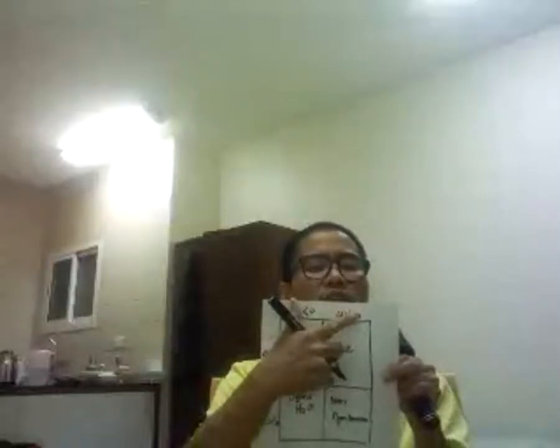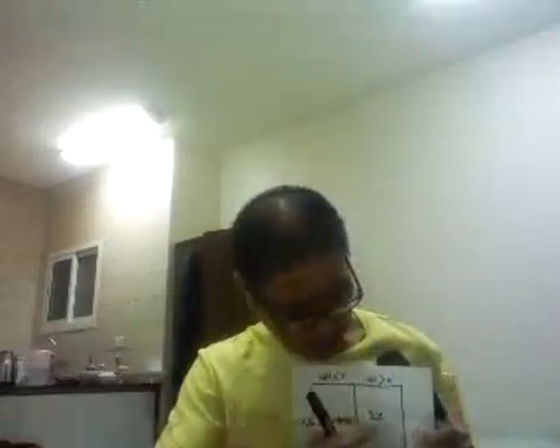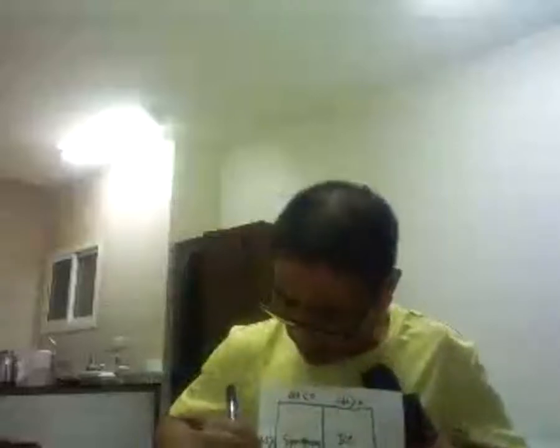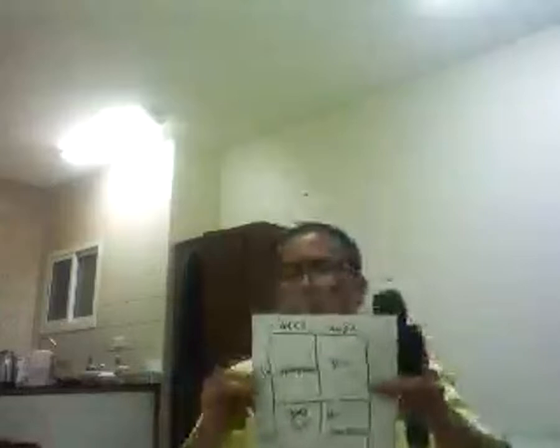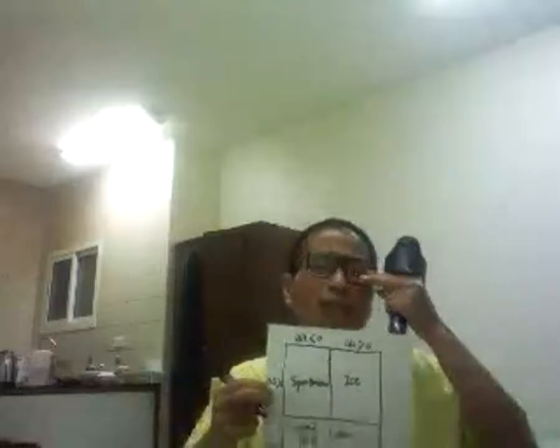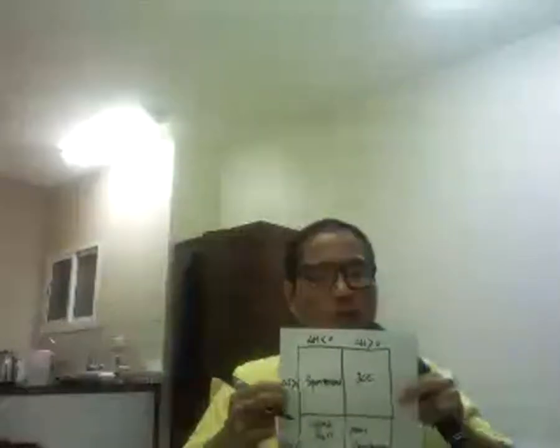Okay, now if we put the ice here, delta H is less than 0, which is negative. What is our entropy here? Ice. Our entropy is greater than 0. So if our entropy is greater than 0, that is positive 1.